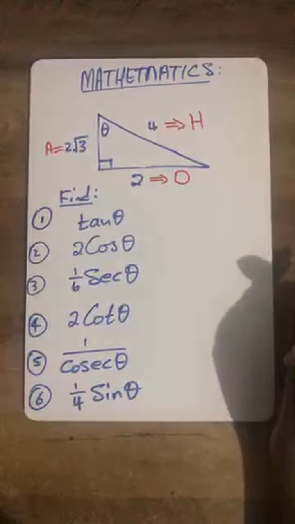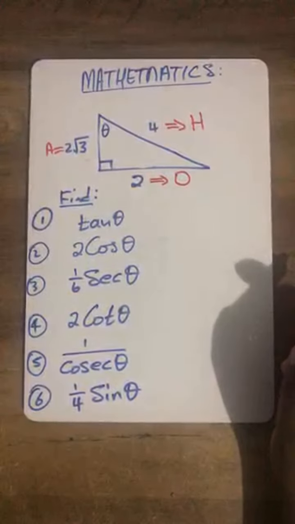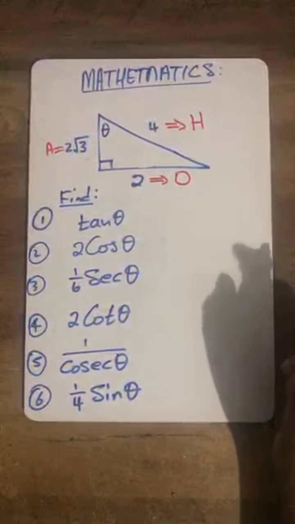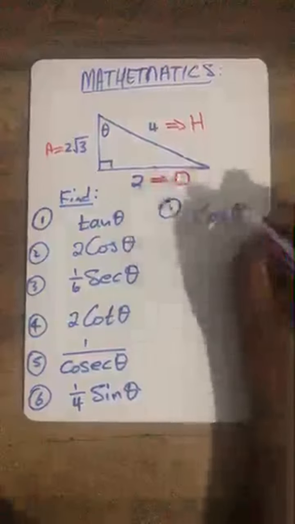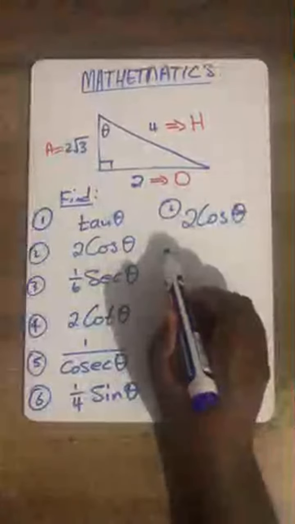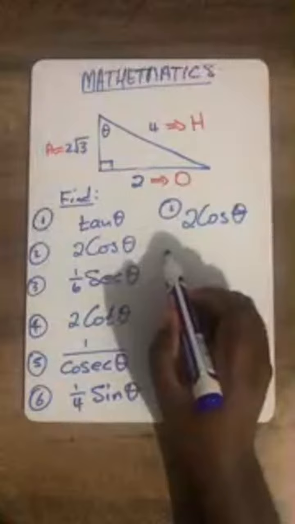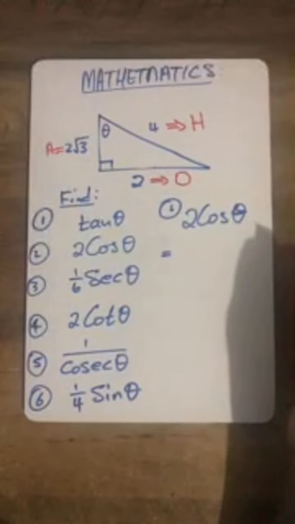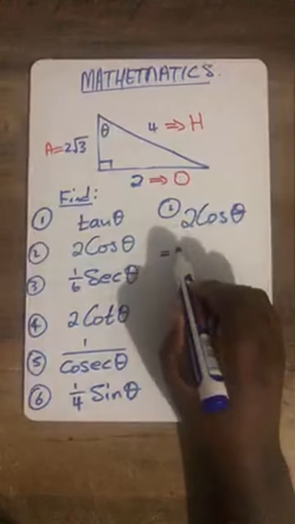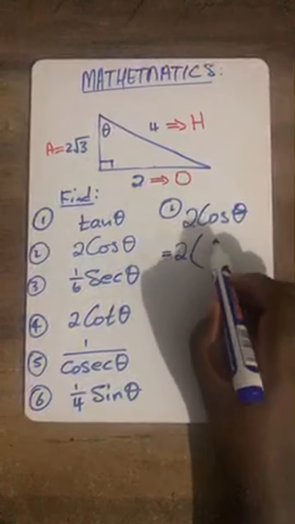So now, let us see. For number 2, we are having 2 cos of that angle. That means we are having 2. What is the ratio for cos?